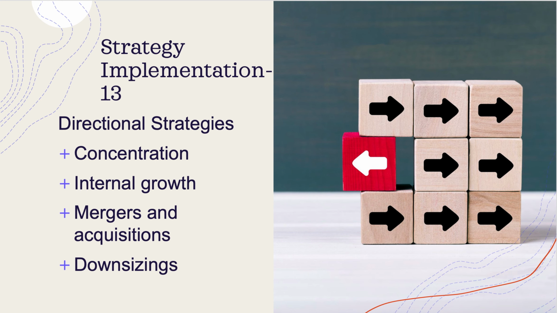Second, strategies focusing on market development, product development, innovation, or joint ventures can make up what we call the internal growth strategy. Companies with an internal growth strategy channel their resources toward building on existing strengths.